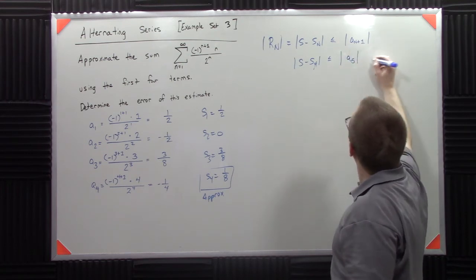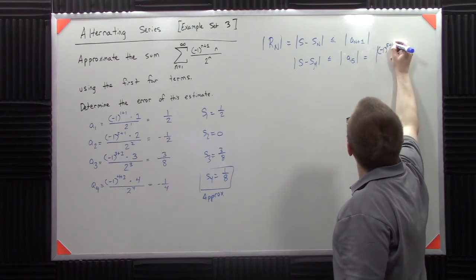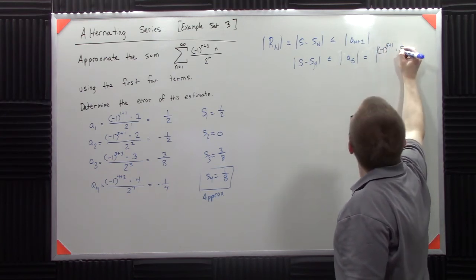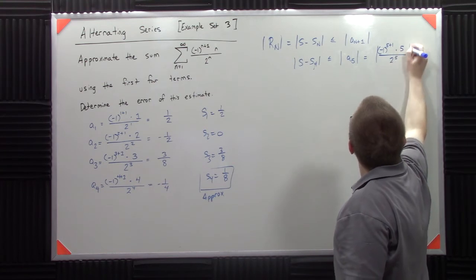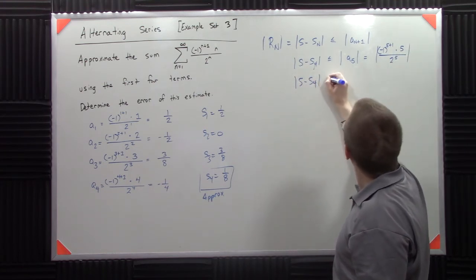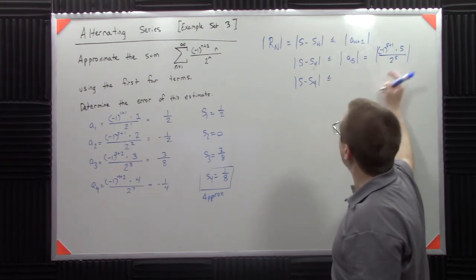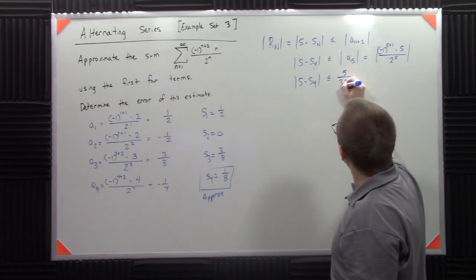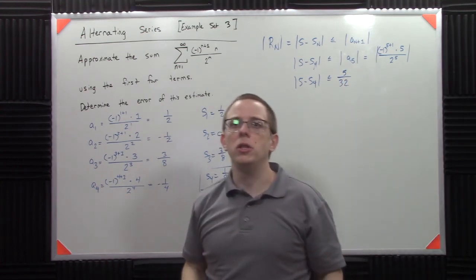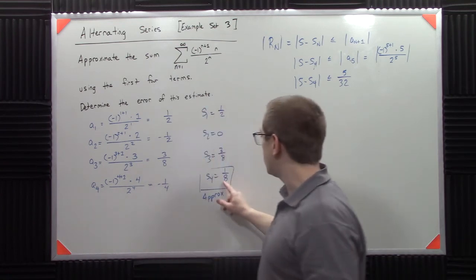Well, the 5th term, that negative is going to go away. I have a 5 on top over 32. So that tells me that my final approximation is within 5/32, which is kind of funny because it's actually larger than this number.